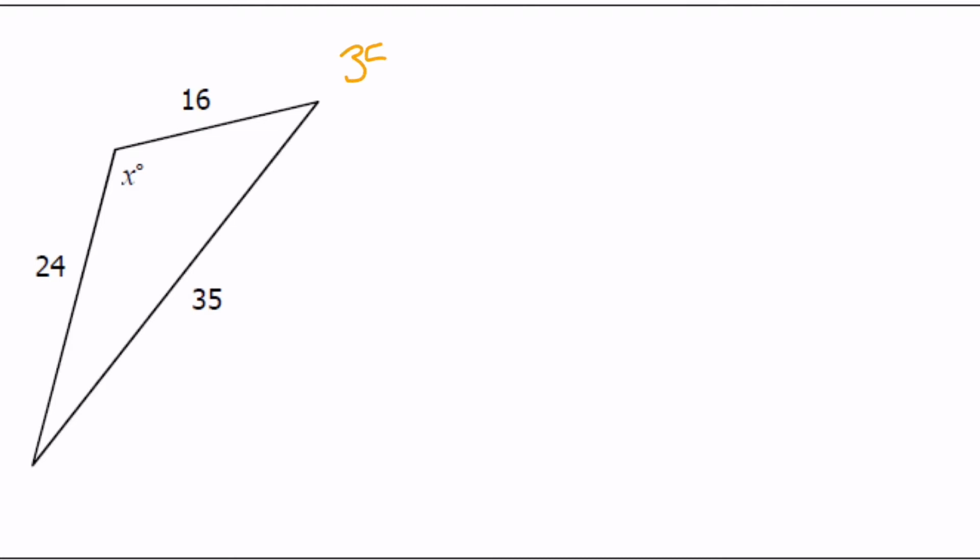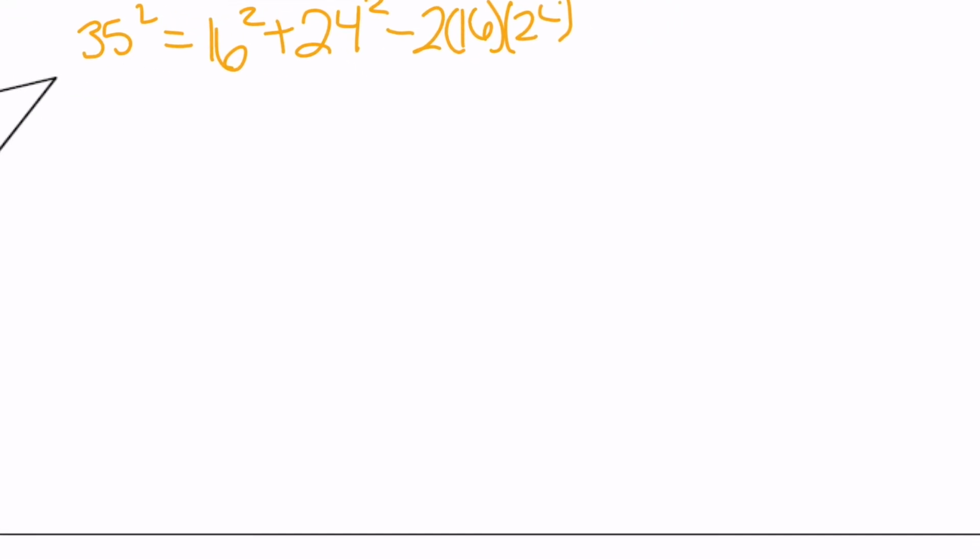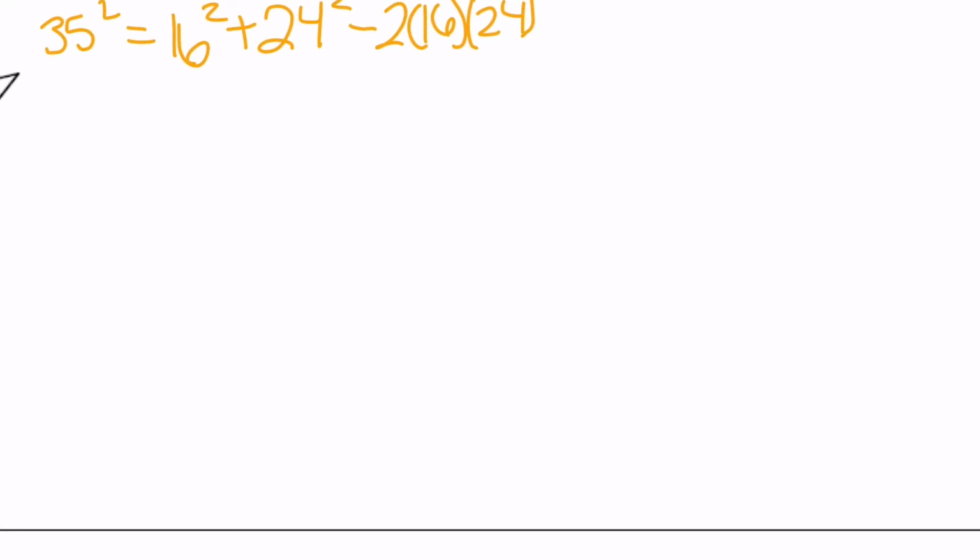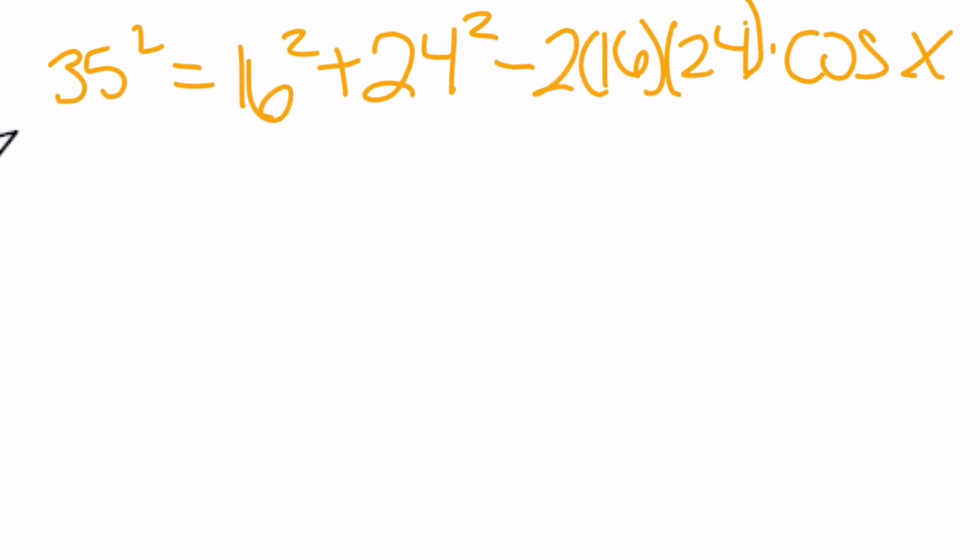So 35 squared equals 16 squared plus 24 squared minus 2 times 16 times 24 times the cosine of x. Zoom in just a bit here.